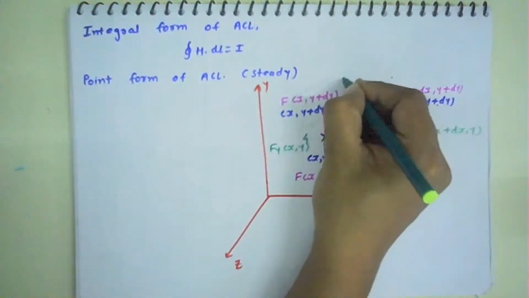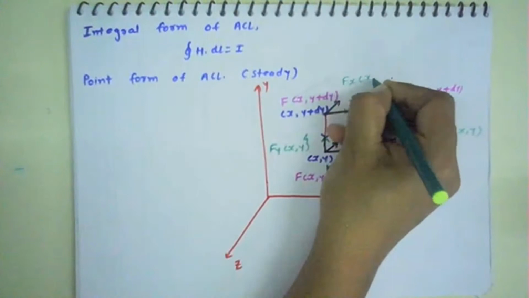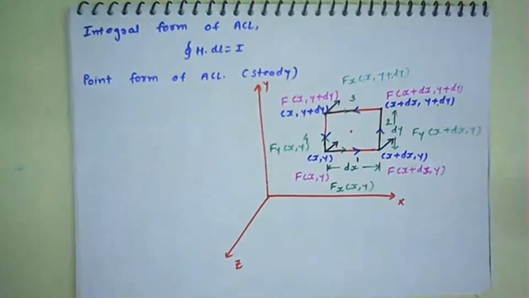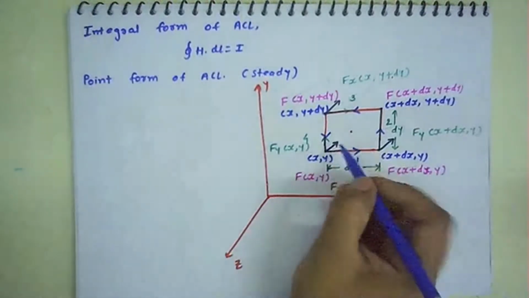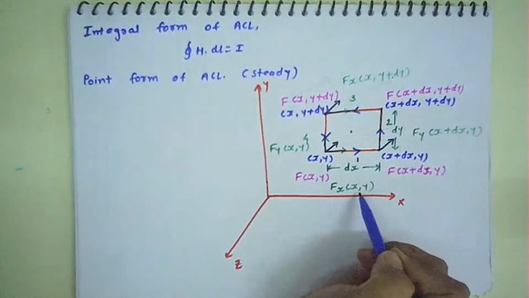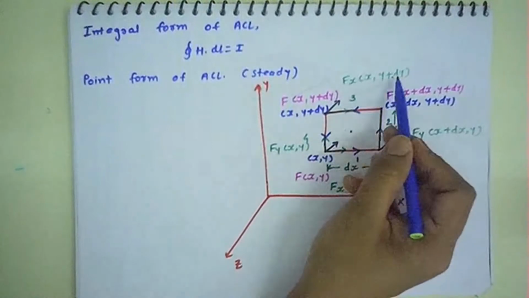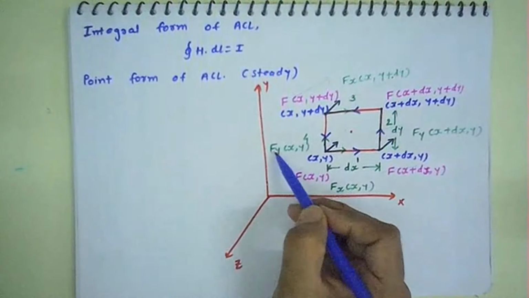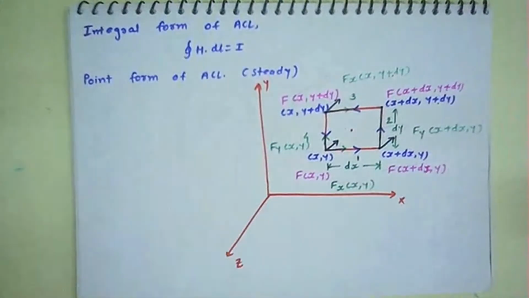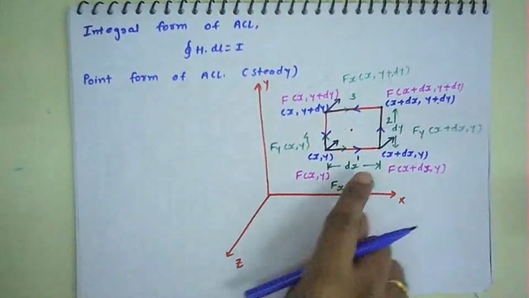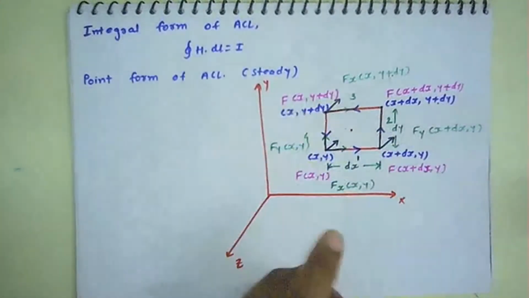So that is fx of x, y plus dy. So along segments 1 and 3 we have fx(x, y) and fx(x, y plus dy). Along 2 and 4 we have the y component fy. Let us assign the names 1, 2, 3 and 4.